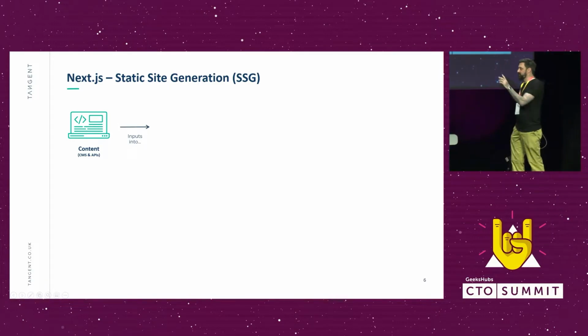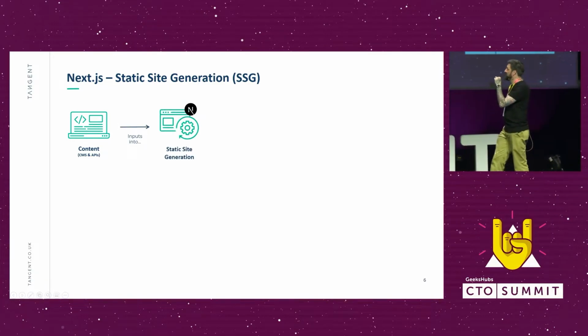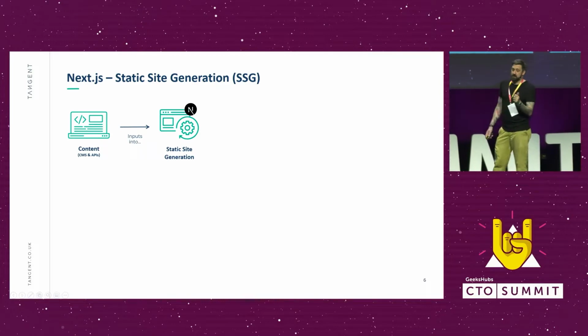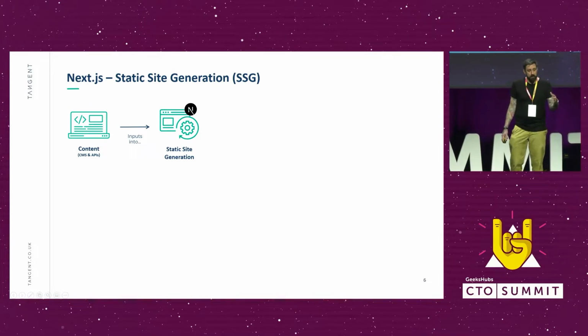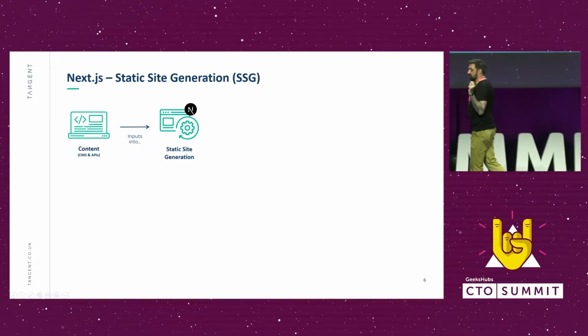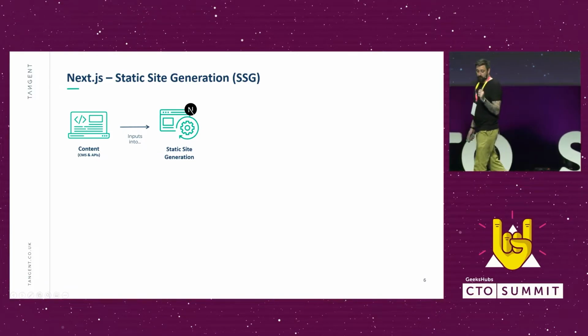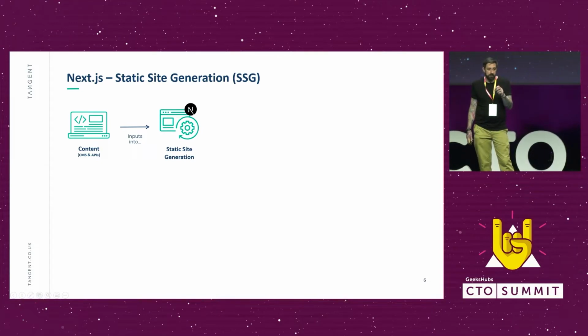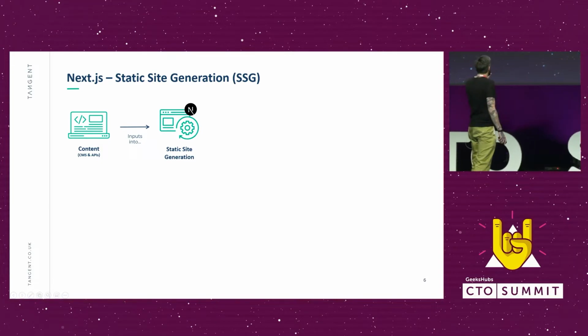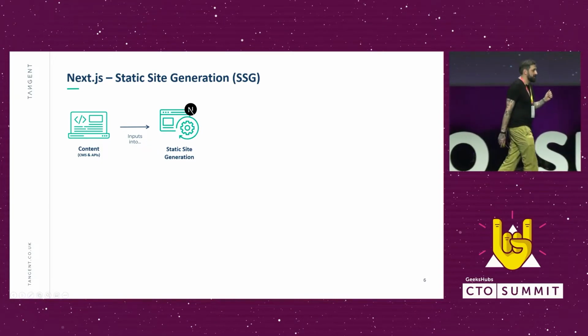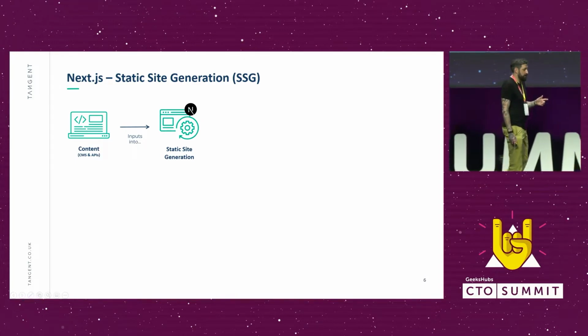So we get the content from the CMS, from APIs. We hook into this on build of our application or on publish or whatever it might be, and the Node application running Next and running React will then take the API content and use something called SSG, static site generation, to generate the content.